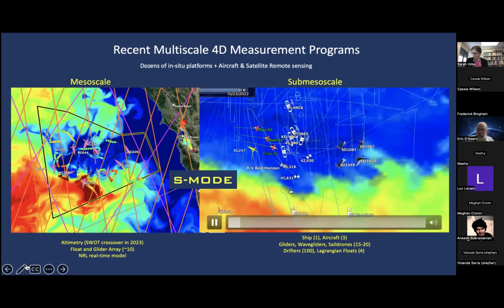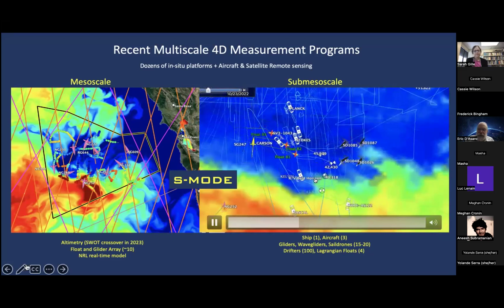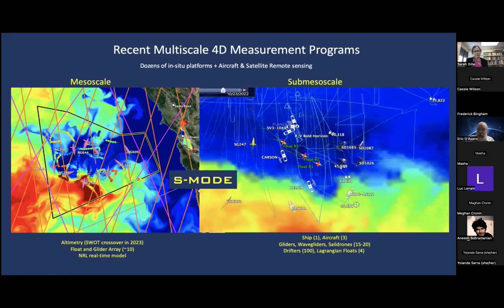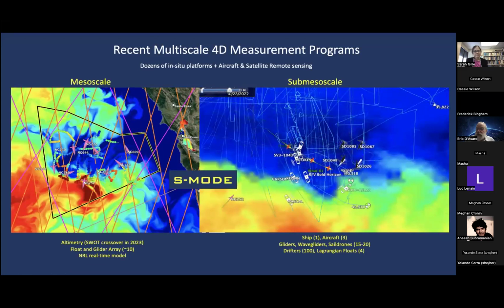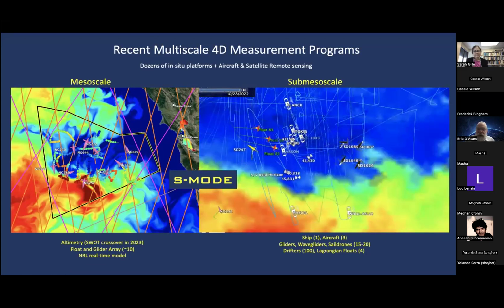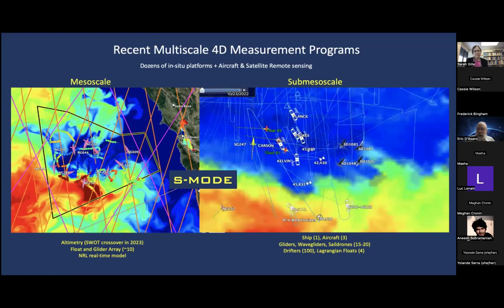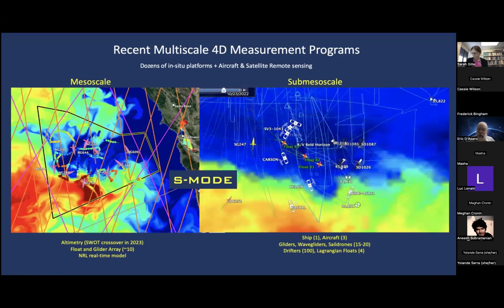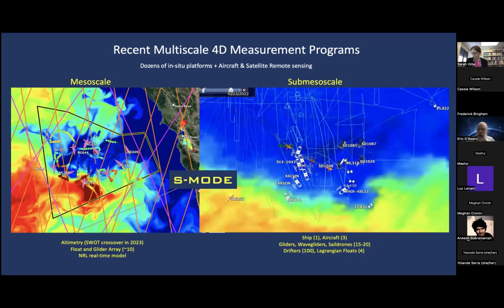That's a sea surface temperature image. You can see there's a front that's going unstable here. So this is a big step forward in terms of measurements of a sort that we didn't have before. The last year of S-MODE was actually during the SWOT CalVal period. So we have some of these measurements simultaneous with SWOT data. So that should be useful.